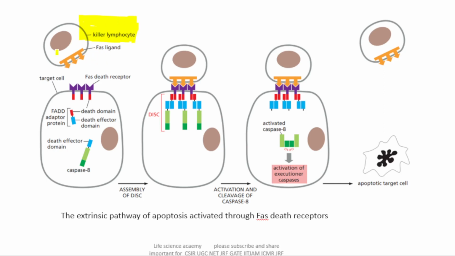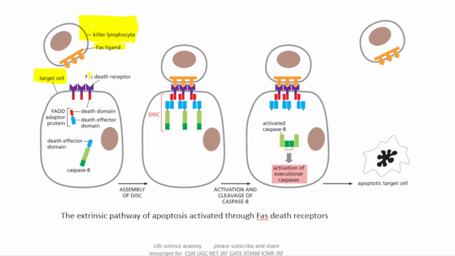So this is the killer lymphocyte, which carries a Fas ligand. This is the target cell which is going to enter apoptosis. When the Fas ligand interacts with the target cell, it goes into the apoptotic pathway.